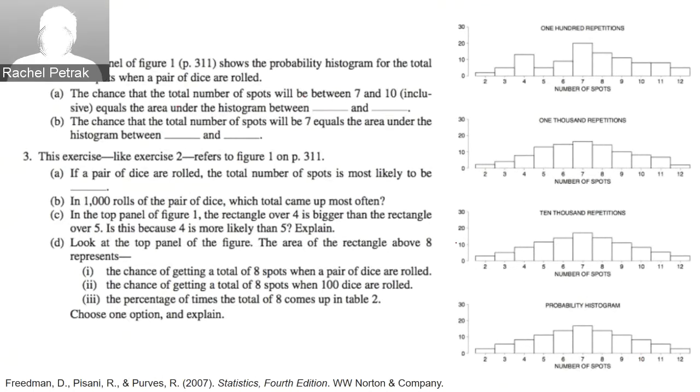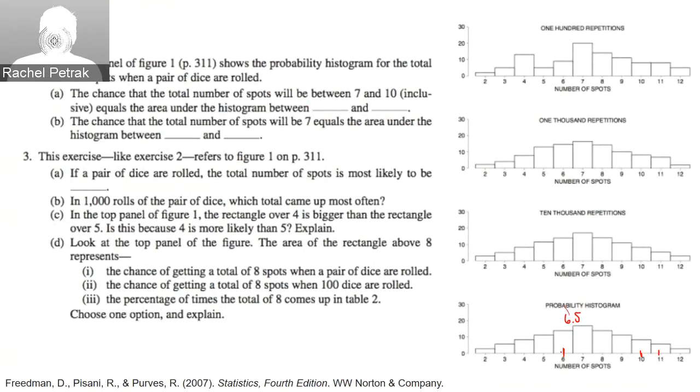The area representing the chance for these scores, if we want to be inclusive, is going to go from 6.5, because we need to take the midpoint of a score that's not available in the sample, through 10.5.